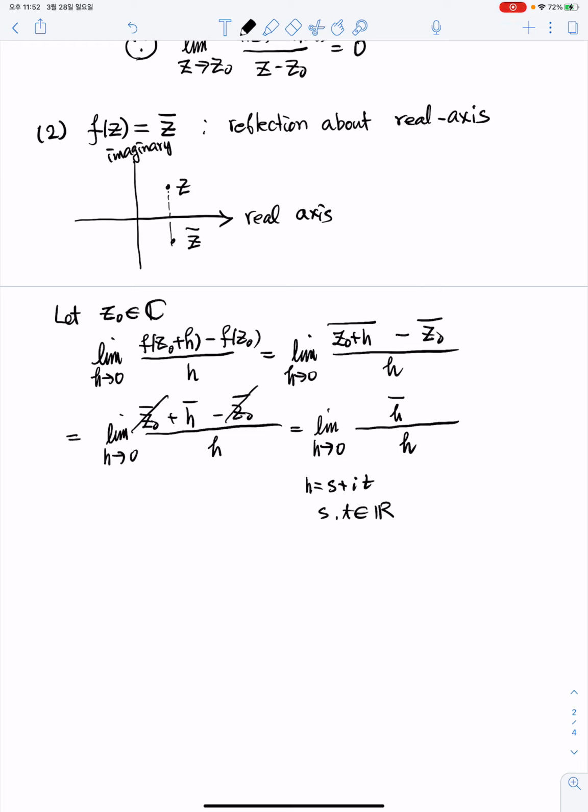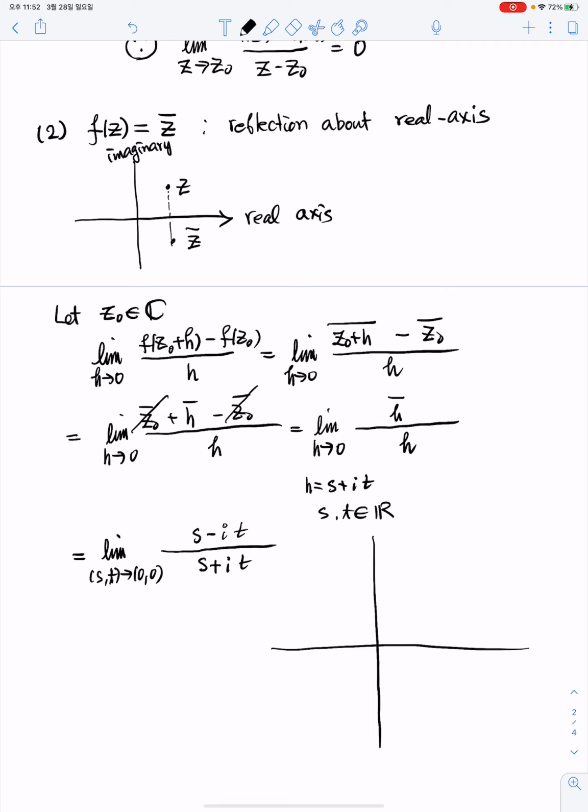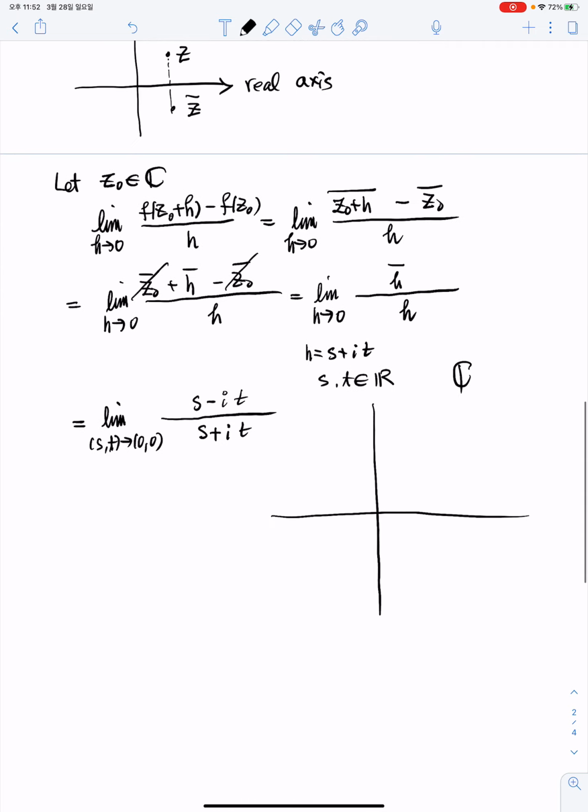So I replace this one by s and t. h going to 0 means the limit as s and t go to 0, with h equals s plus it and conjugate s minus it. So that's what we have, right? This is our limit. Okay, so here, in this complex plane, h is s plus it, and that one converges to 0.